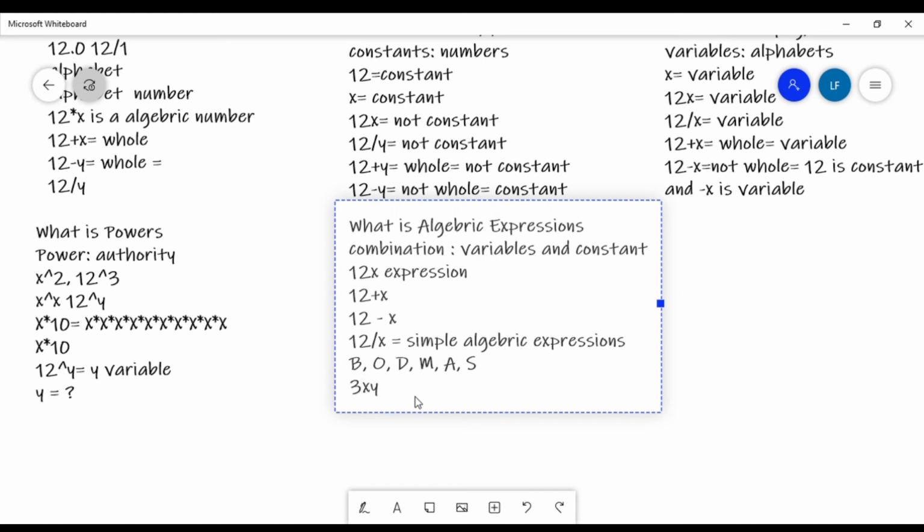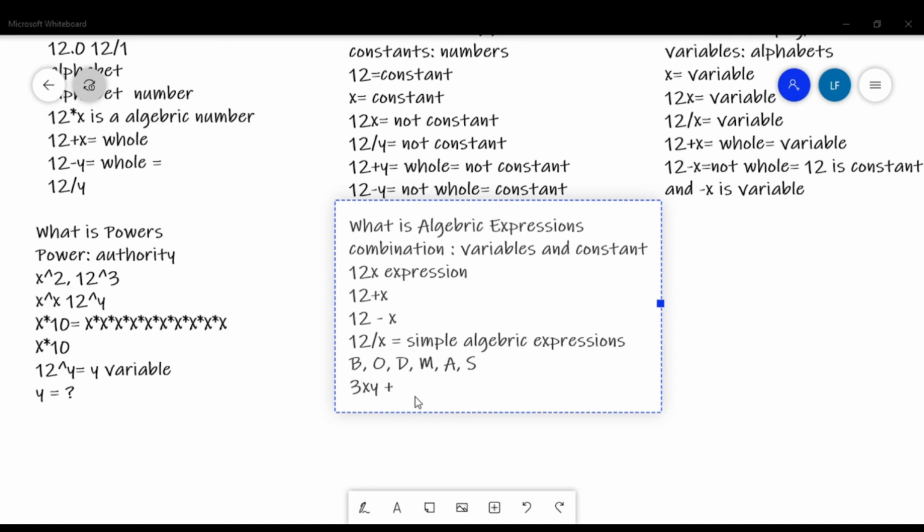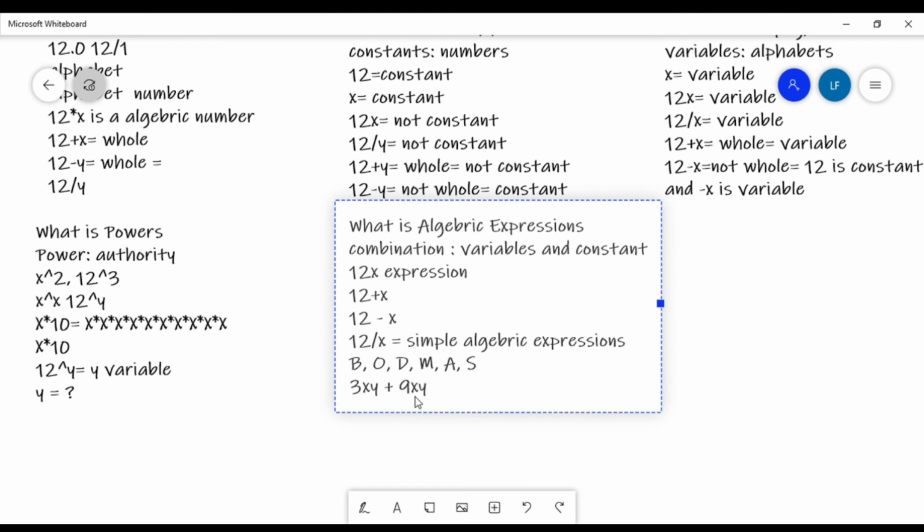An example can be, let's take an example, 3xy plus 9xy plus 5yx. Well, this is an algebraic expression, but this expression is a compound one.